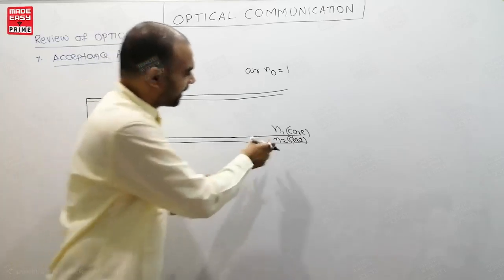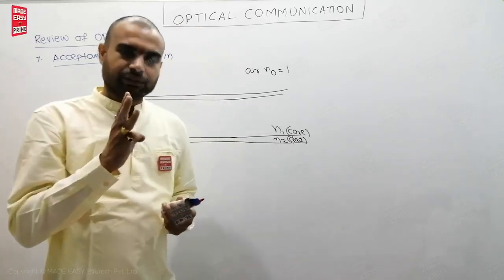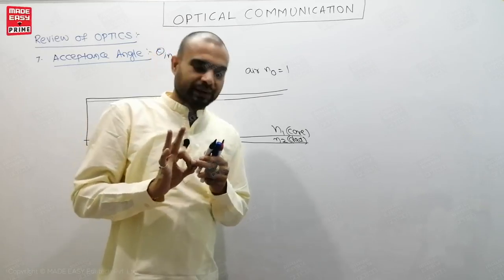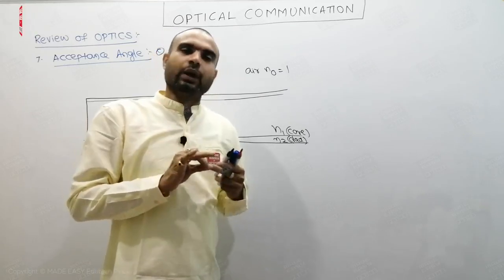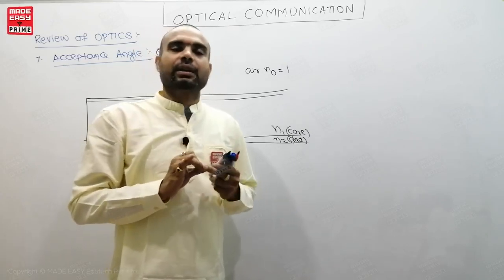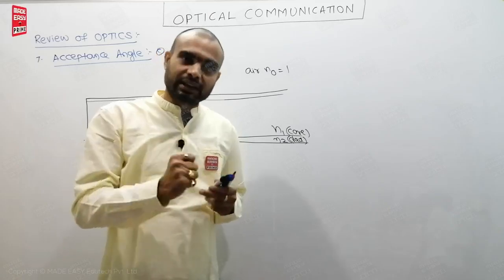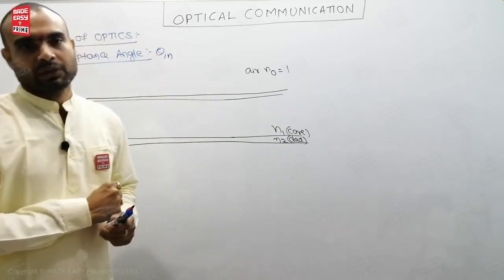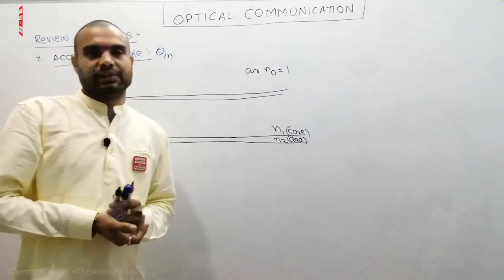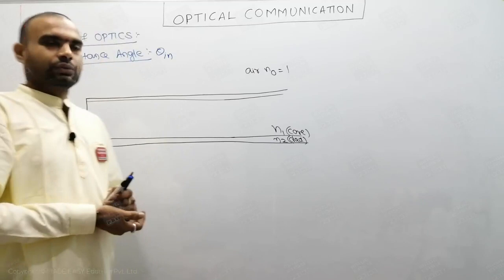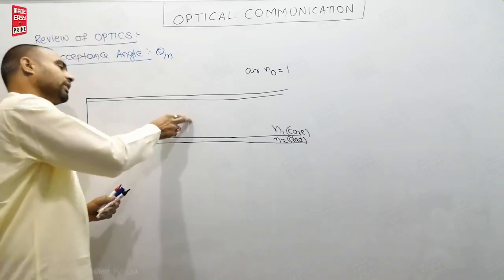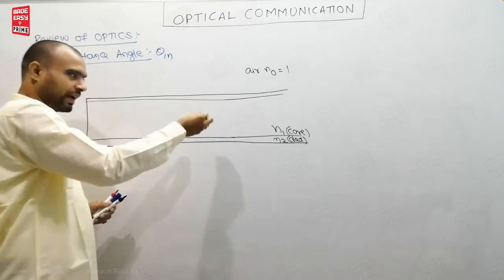So adding this clad provides three things. First, it provides good isolation between the two fibers. Second, it avoids contamination of the core. Third, it provides mechanical strength to the fiber. So the fiber has both core as well as clad present. This is about our fiber structure, how the fiber has core and clad, and the requirement of that core and clad.